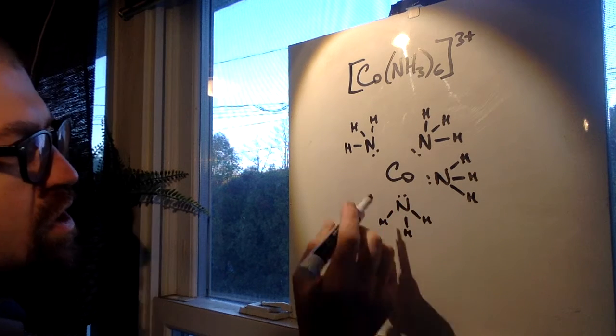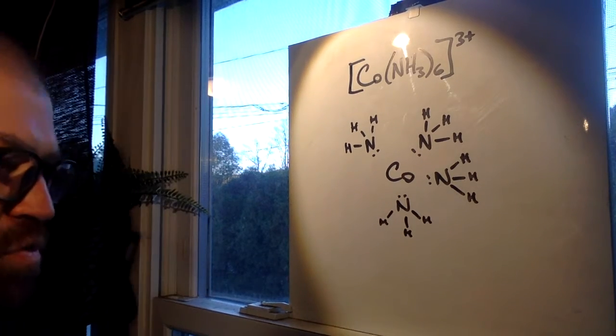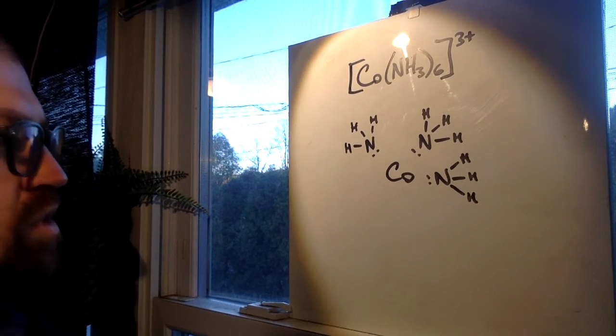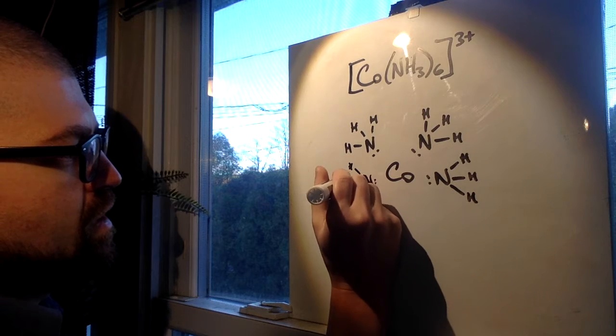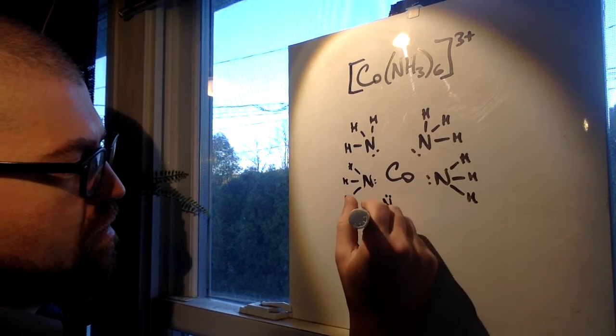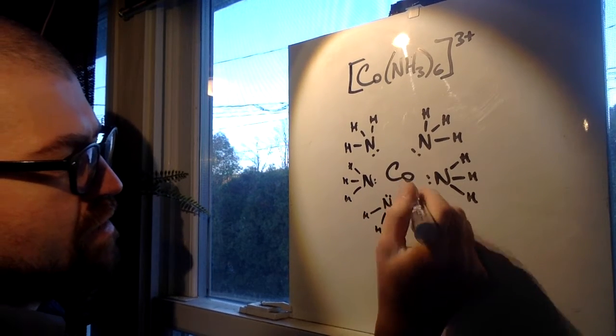This is what we're calling a coordinate covalent bond. Oops, should have drawn the nitrogen over here, and then 2, right? Like that.